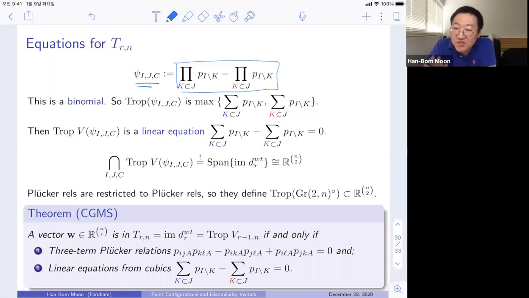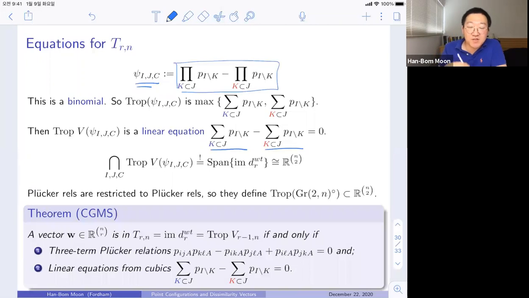There are only two terms, so we need to compare the maximum of the first one and the second one. If you compute the tropical hypersurface corresponding to this tropicalization, then the maximum must be achieved twice, so these two terms must be the same. So the tropicalized hypersurface is the linear equation saying that the first one is equal to the second one.